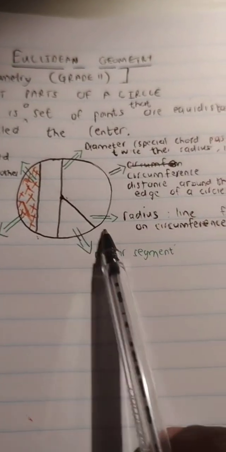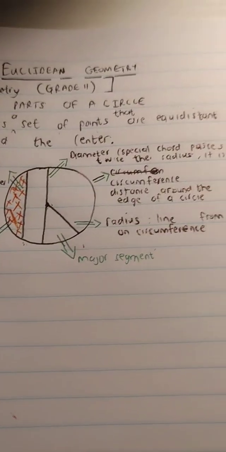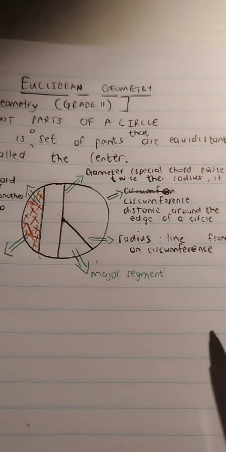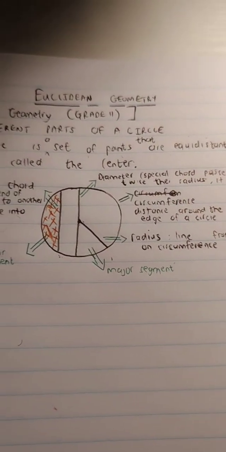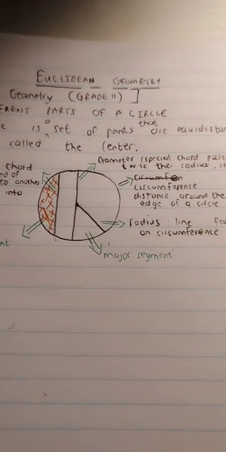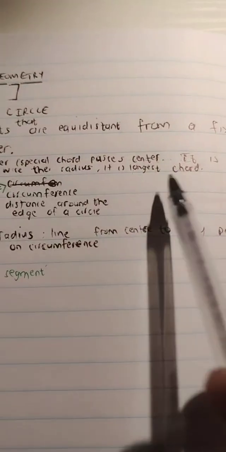So the radius is half the diameter, whereas the diameter is twice the radius. Very important. And also, the diameter is the longest chord that we have in a circle.